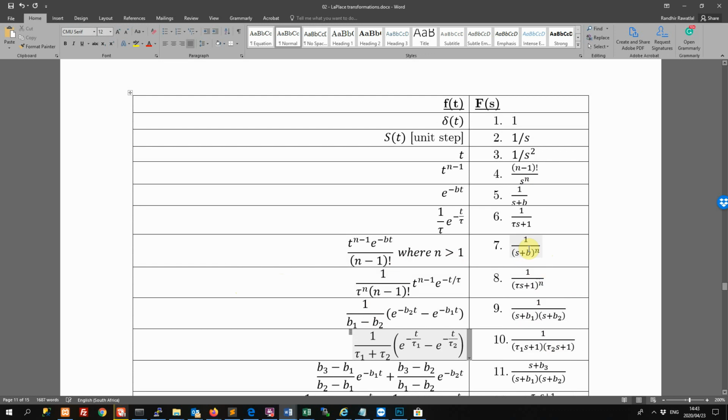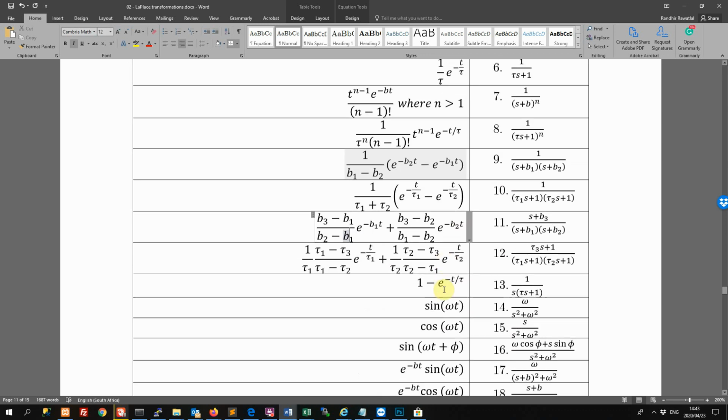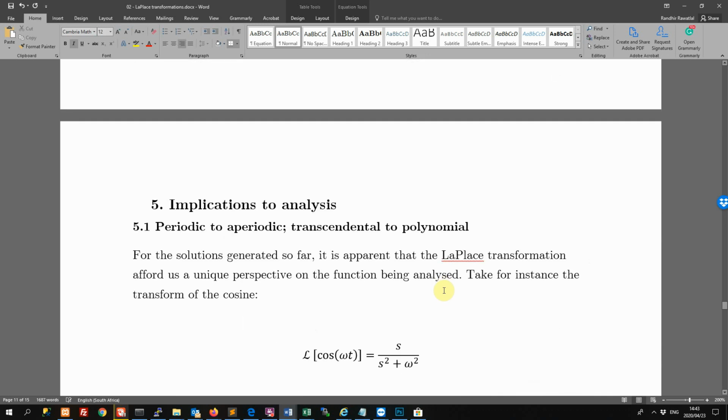So maybe we get a sum of terms in the S domain, and then after simplifying those expressions, we get an expression here. Then we can just invert that and look up on this side: what's the equivalent time function for that? In other words, that would be the solution to our original problem, which was in the time domain. So it starts to look quite promising in terms of solving differential equations. And that's exactly what we'll do now.